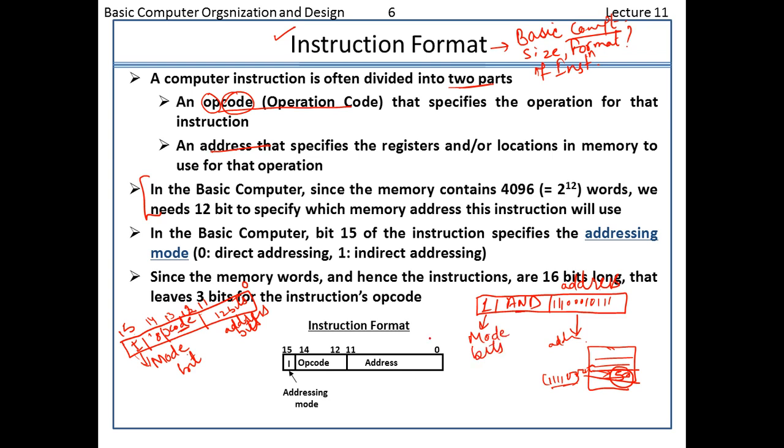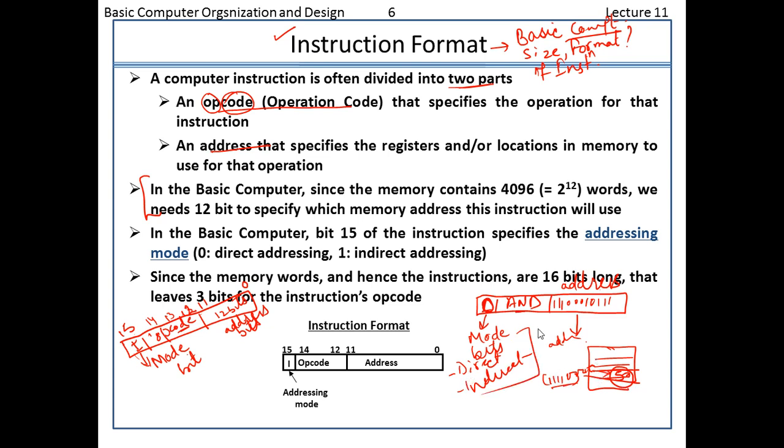How to fetch the data? If the mode bit is, for the time being I am just taking it as 0, it will be a direct instruction. If the mode bit is 1, it will be indirect. I will explain this in the later part of the slides.